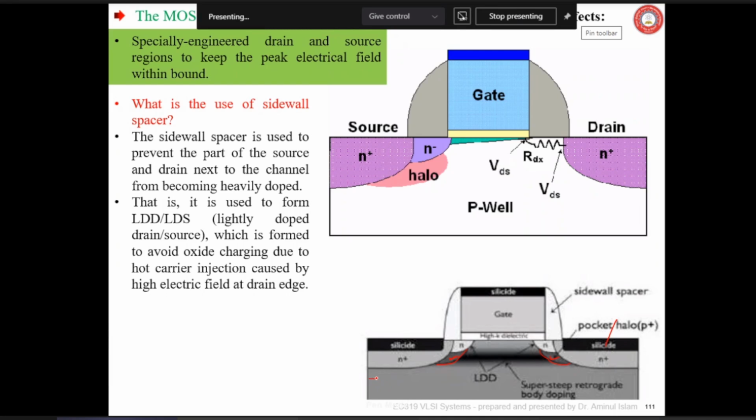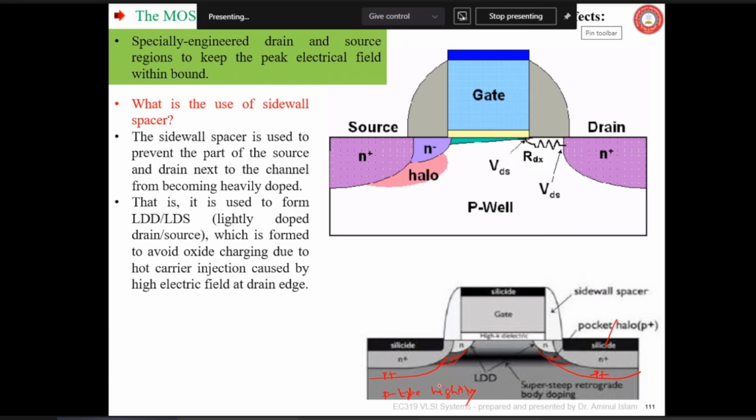No, here I am telling that here instead of lightly doped p-type substrate, if it is not lightly doped, but you are making p plus type, what is the problem?